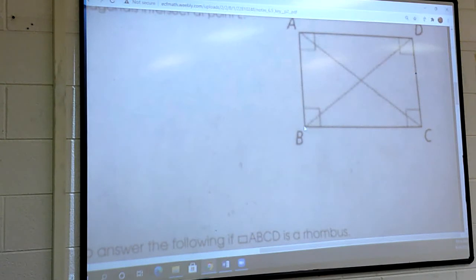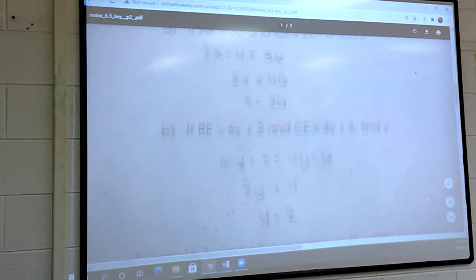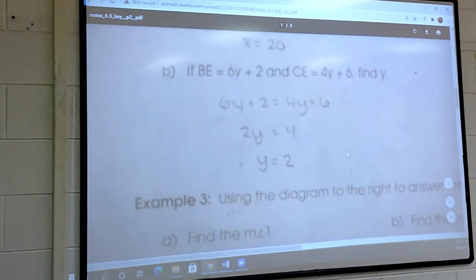BE would be from here to here, and CE would be from here to here. Those are still the same size, so we're still able to set them equal to each other. So 6y plus 2 is equal to 4y plus 6. So all we have to do to solve it is set those two equal to each other in part B.